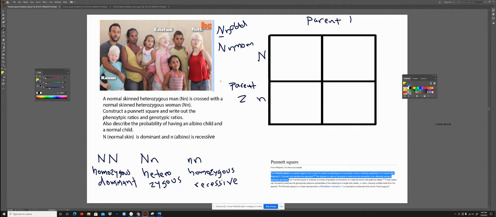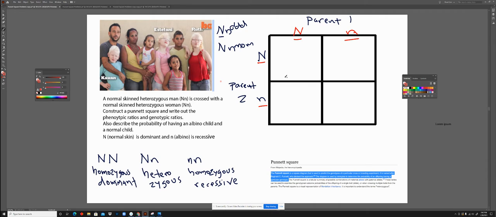And the mom's is also the same. She's heterozygous, so I'm going to put N, n. Do you notice that each side of the square only has one allele? Don't put two of them. It goes one here, one here, one here, and one here.